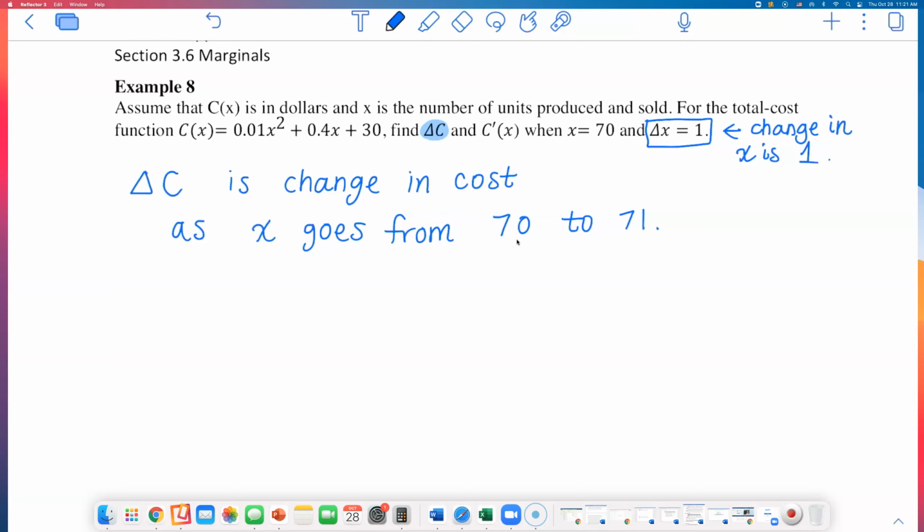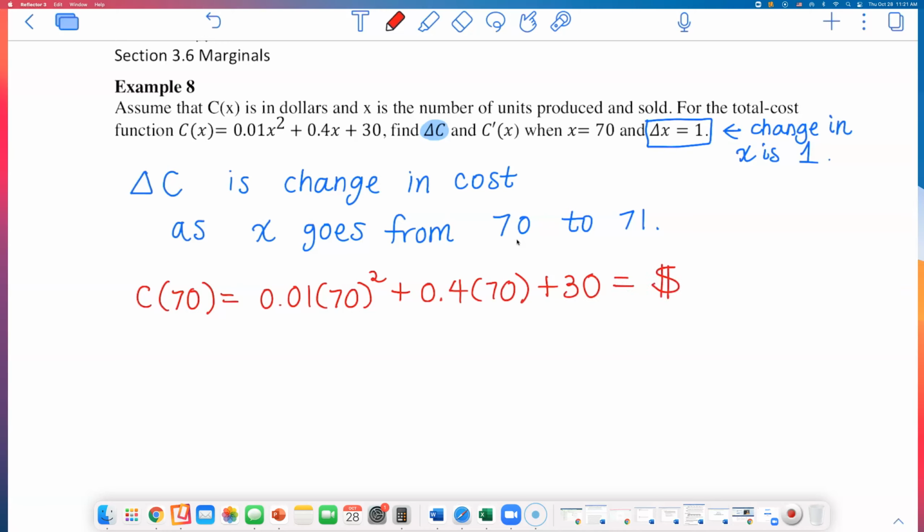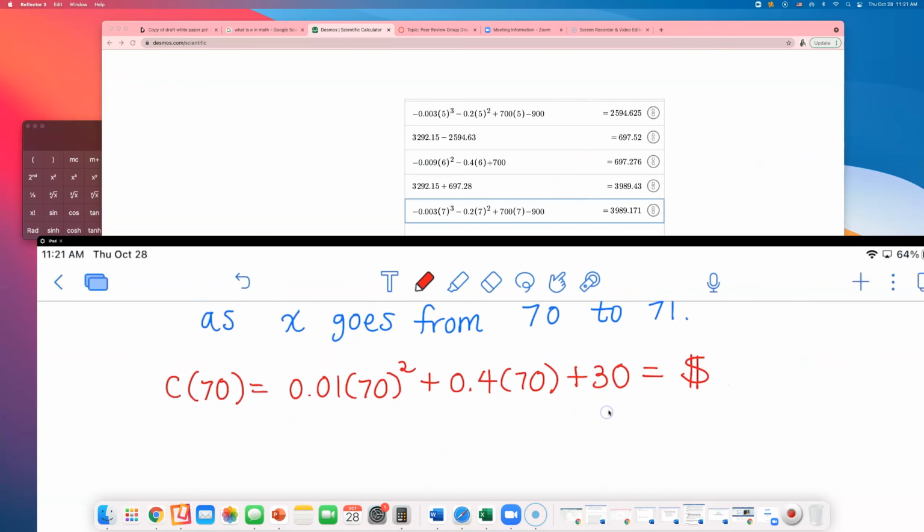So if they make 70 calculators, what will be the cost? Let's figure that out first. So what is C of 70? We will need to plug that into the calculator, so I'll go ahead and set it up first. And that will give us the cost of creating 70 calculators or whatever this product is.